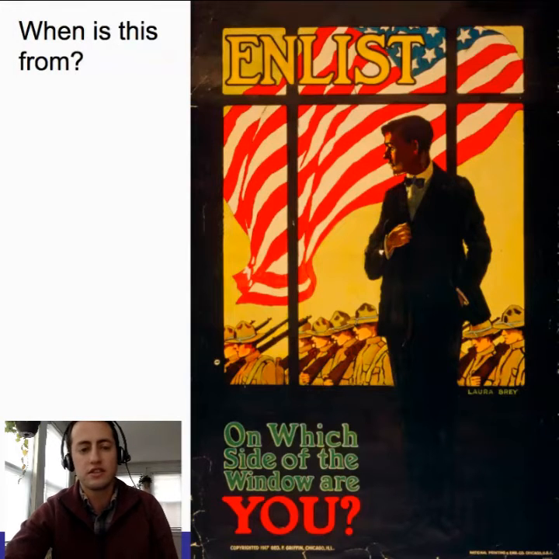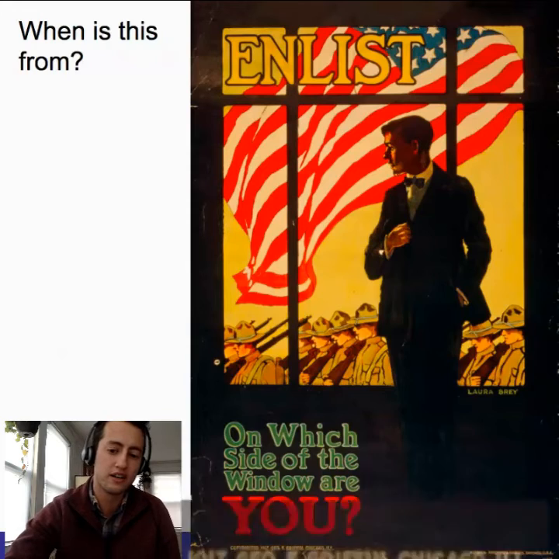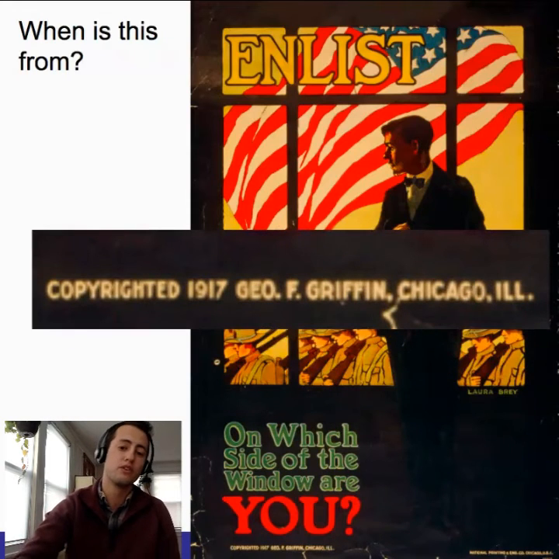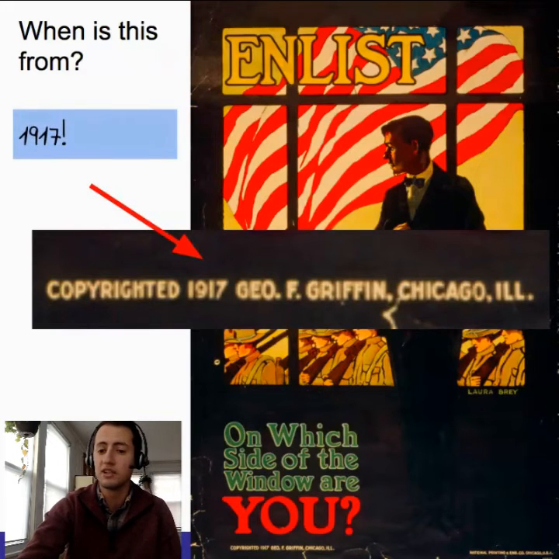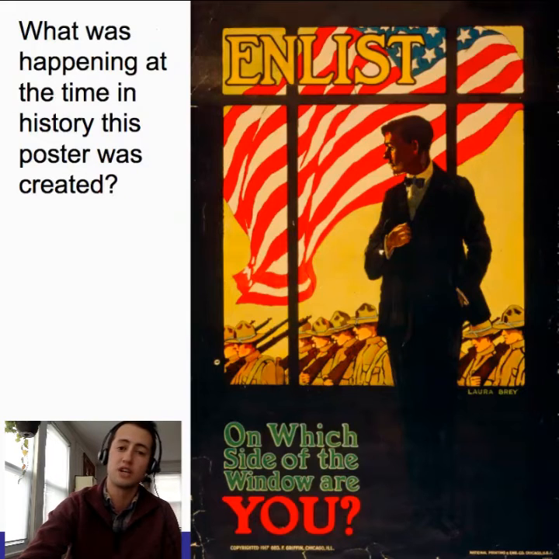The next step is just say when this is from, and that's where looking into the details really is important. Remember, we zoomed in to find the year. So this is from 1917. If it was from 1916, it'd be a much different story. It also helps us to know that this is from Chicago. So what was happening at the time in history this poster was created?